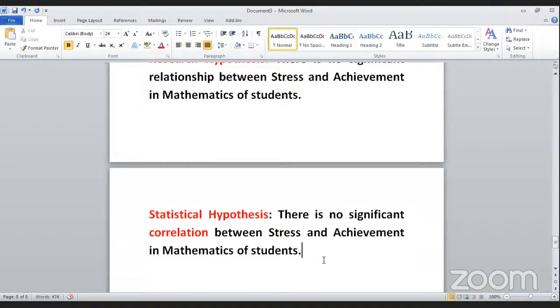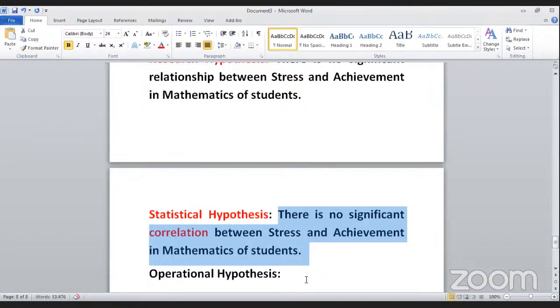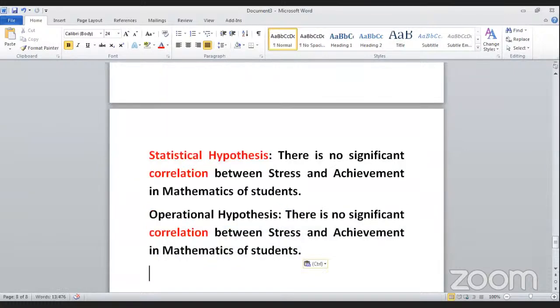Now, if I want to write the operational hypothesis, then I can write it something like this. I can copy this, and then I say, there are two variables here, one is stress, the other is achievement in mathematics.